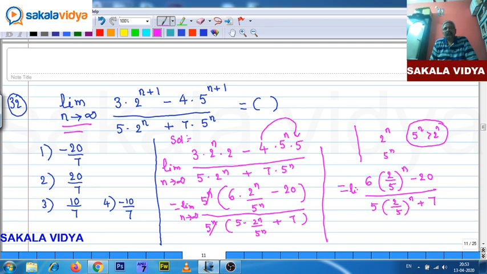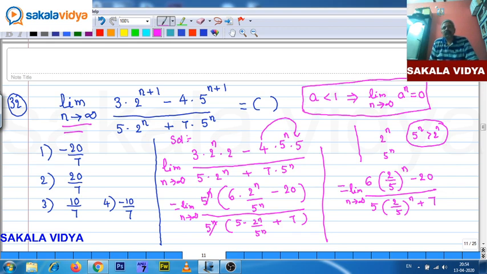So limit n tends to infinity. I will explain one important condition to you. For example, if a is less than 1, then limit n tends to infinity of a to the power of n is equal to 0. This is a very important fact to be remembered.